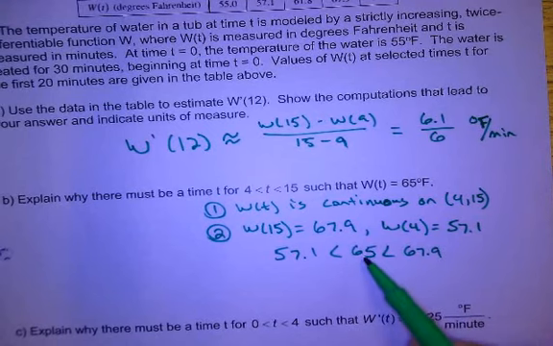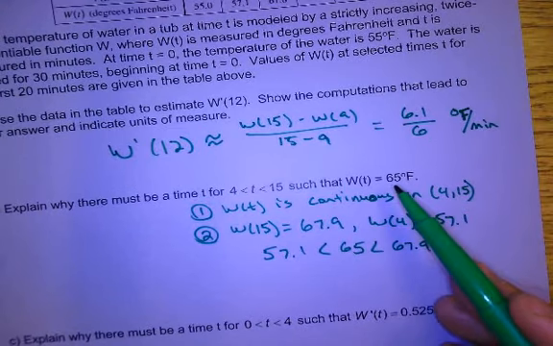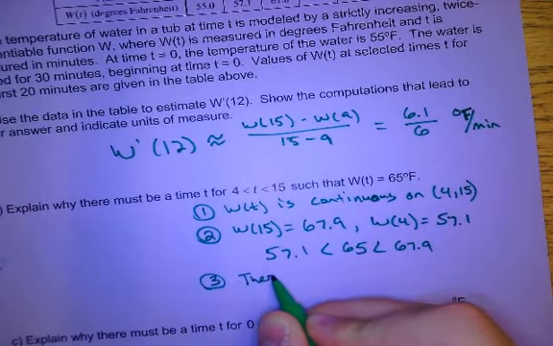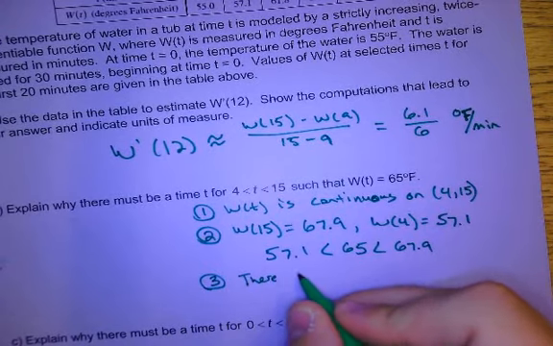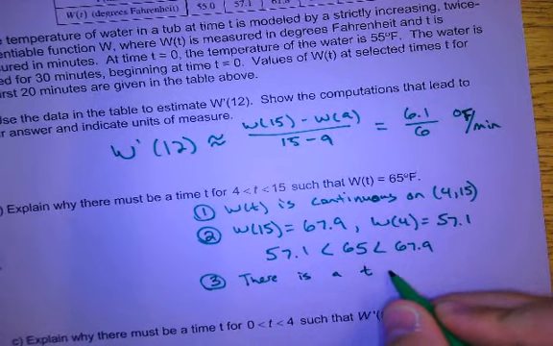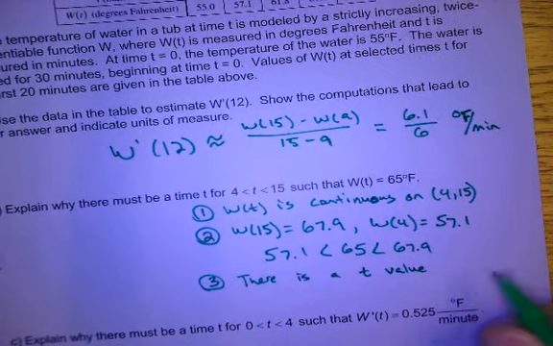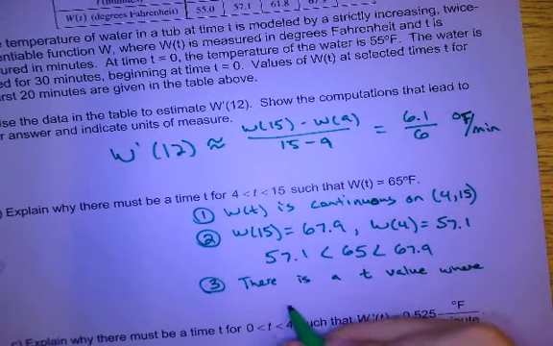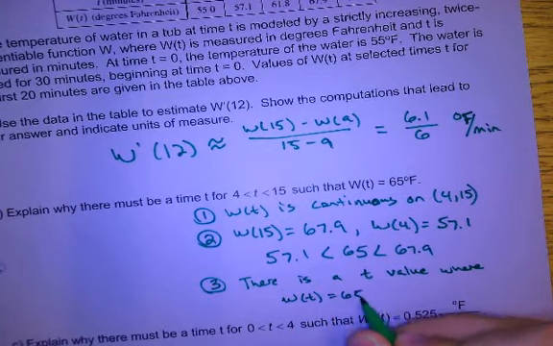The table. Where did I get this number from, 65? The question. So there is a t value, a time, where W(t) equals 65.